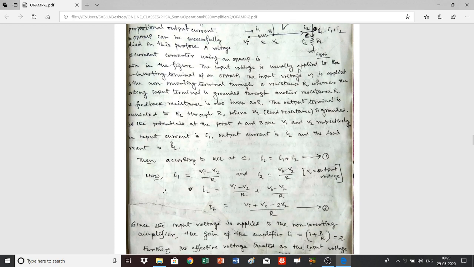Now we wish to find out the value of IL in terms of I1 and I2. So first we have to calculate I1.